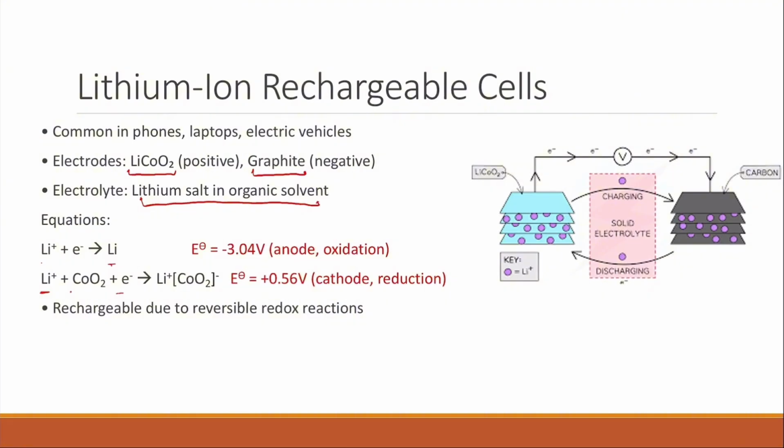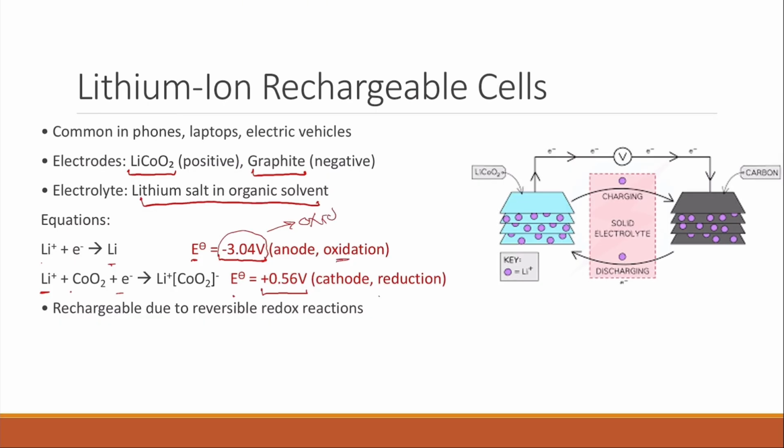The standard electrode potential for the first one, as we can see, is minus 3.04 volt, and the second one is plus 0.56. So which one is going to be oxidation? Which one is going to be reduction? This one has the lower value, more of a negative charge, so this is going to be the oxidation, and the other one is the reduction.